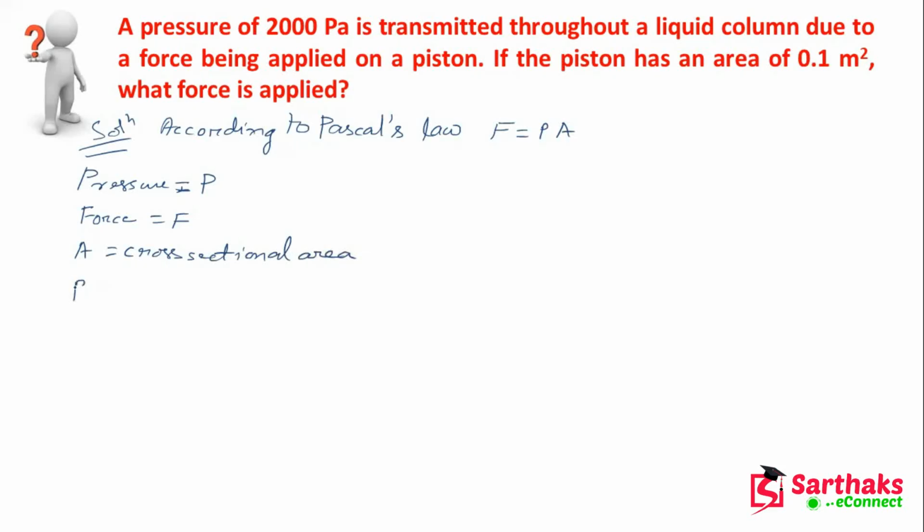So P has been given here as 2000 Pascal. And area is 0.1 meter square. So force equals P into A. So I can write down that is 200 Newton.